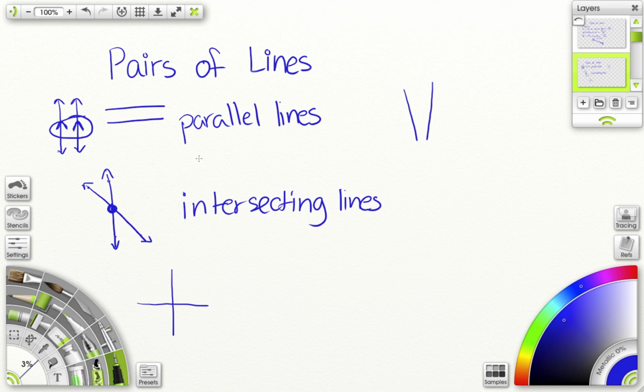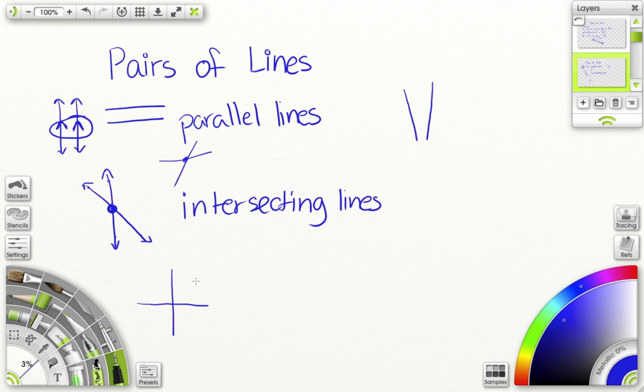They will cross and meet somewhere, and that point will often have a label on it. In this case, I don't think they do. However, sometimes you'll see a point labeled like M or K or something like that. Today you don't have to worry about that, but that's where they meet.